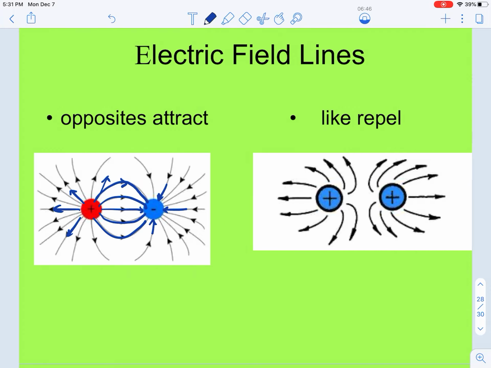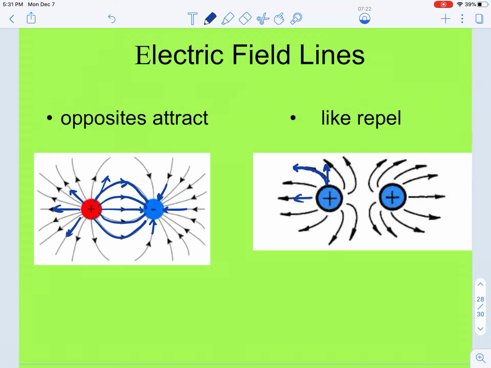As we look at our illustration over here on the right, here we have two charged particles that are the same, meaning that they are both positively charged. And so instead of showing these electric field lines go out in all directions, including over here to the right, what we see is that these field lines are also curving, but instead of curving towards, like we had on the picture on the left, we can see that they are actually curling so that they move away.